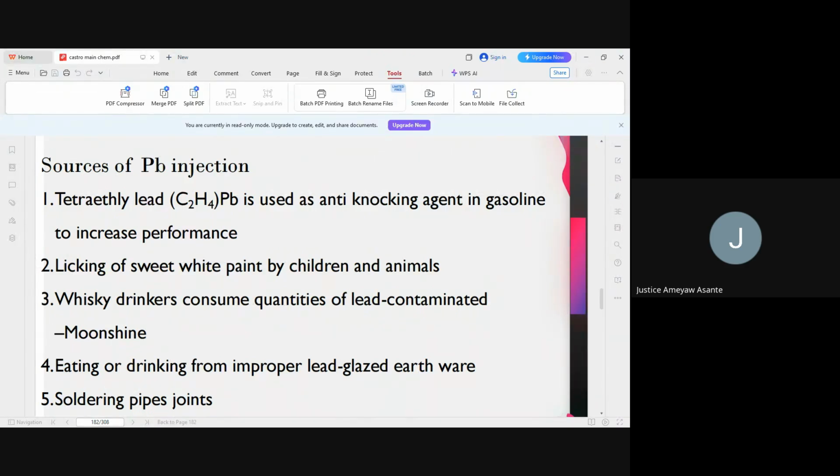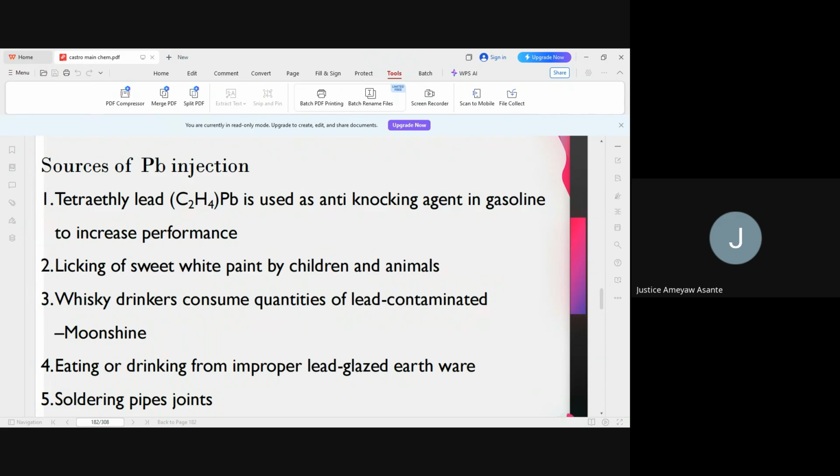So sometimes you see children licking it. The sweat comes, and you are introducing lead into your system. Whiskey drinkers consume quantities of lead contaminated moonshine.